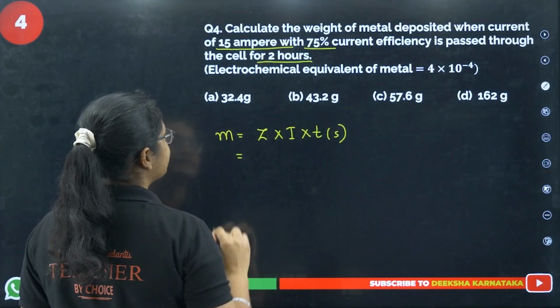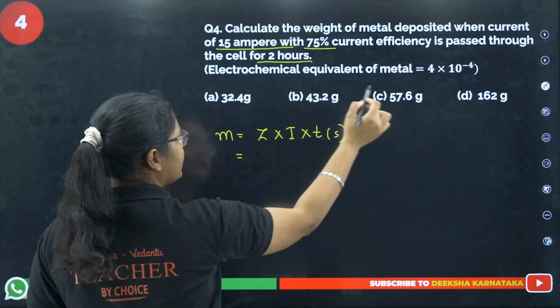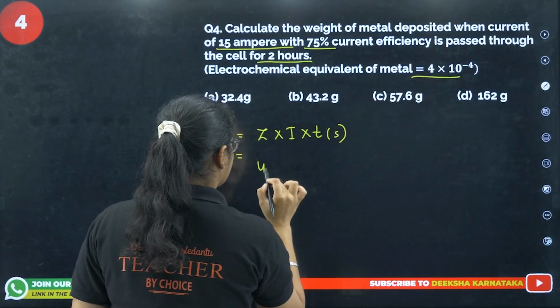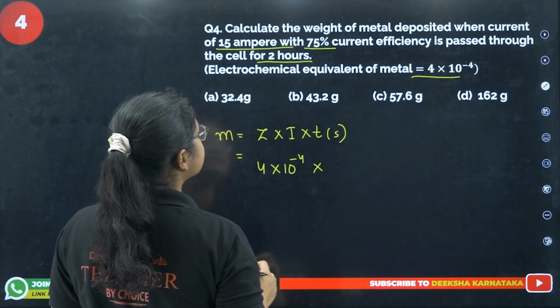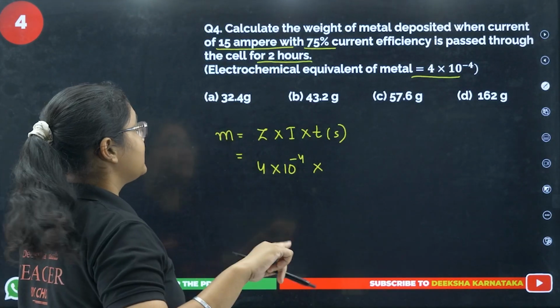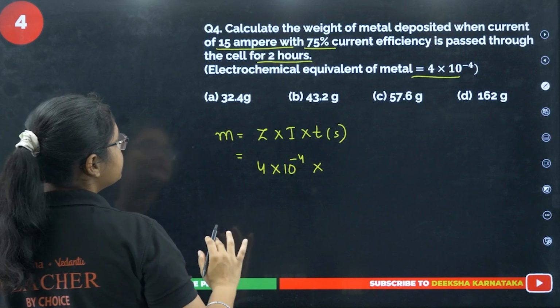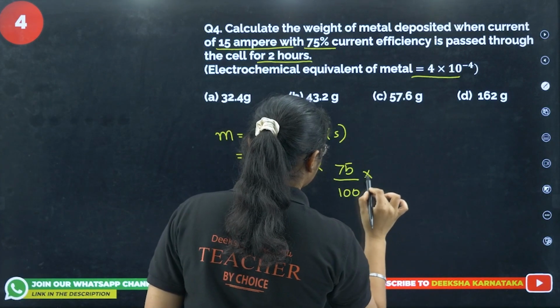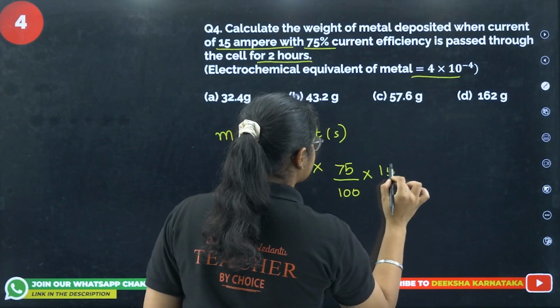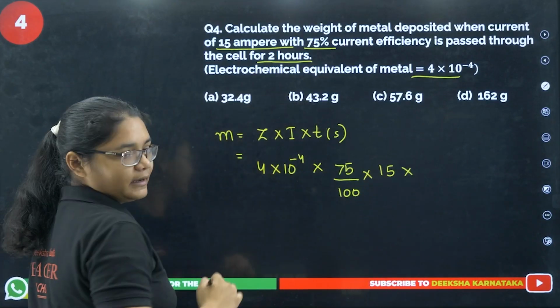Z, the electrochemical equivalent, is already given to me. Current is 15 amperes but 75% efficient. That means 75% of 15 amperes, that is the current here.